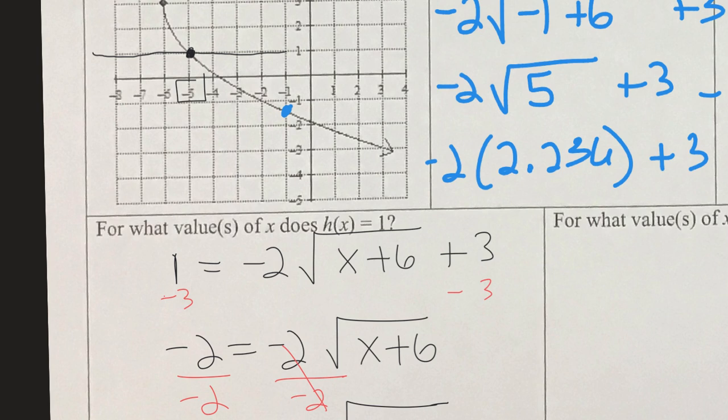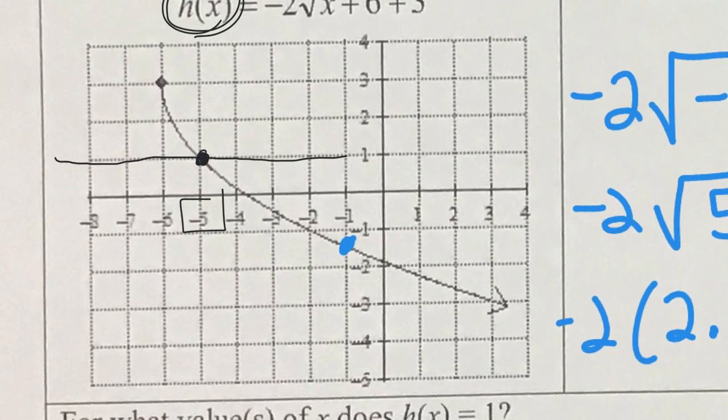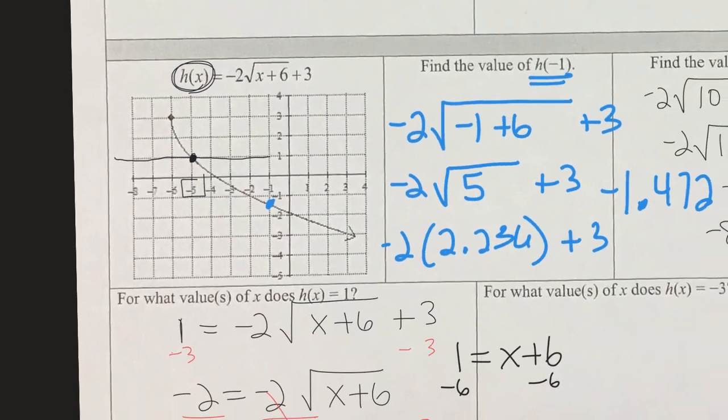So now we're going to solve this square root by squaring both sides. It doesn't really change 1, right? 1 squared is still 1. So 1 equals x plus 6, and when we subtract 6, we get exactly what we expected. The x value, when y is 1, is negative 5. Okay, so some algebra there with our square root.